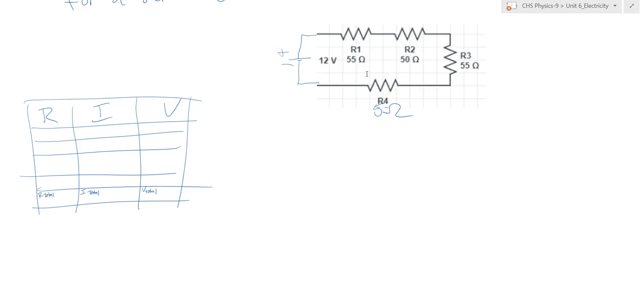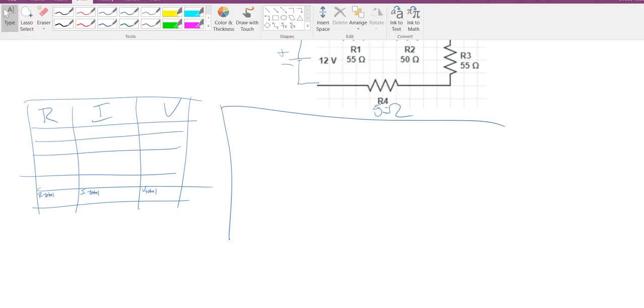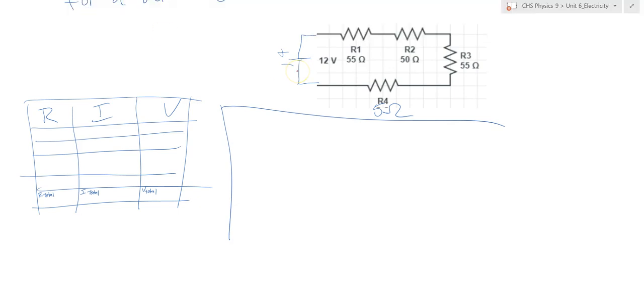If we just get started here, the first thing that we can do in any of these problems, and this goes for parallel as well, is R is easy. Fill it in. It's always a place to start.